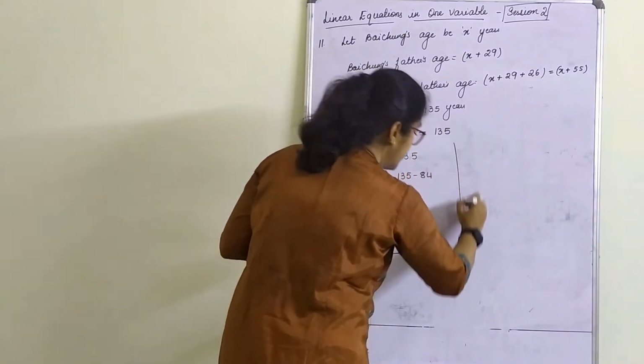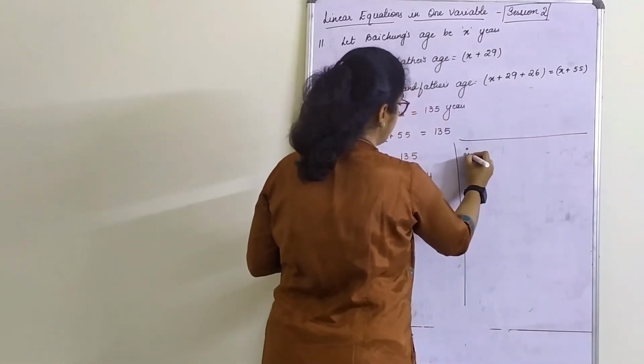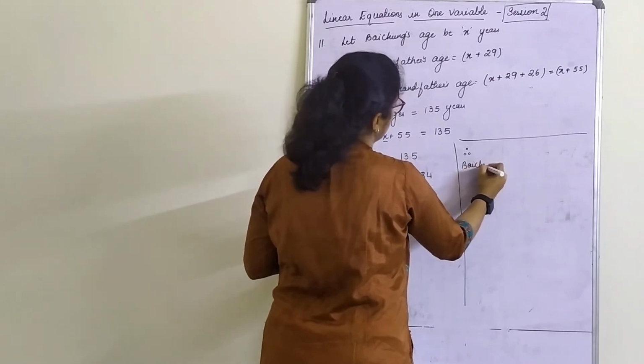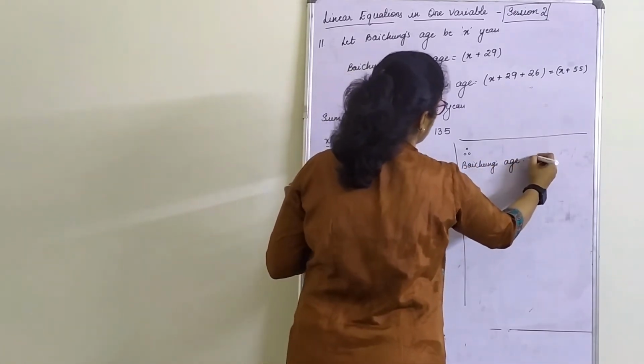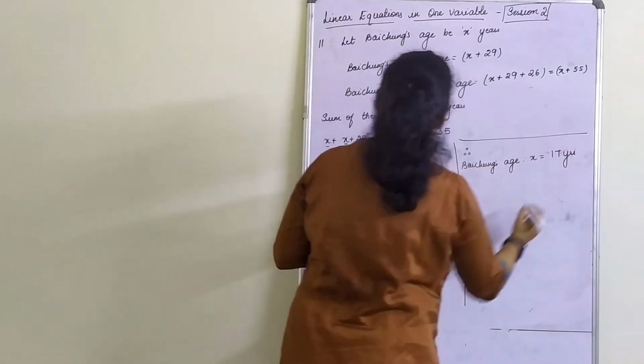Now give the conclusion. Therefore, Baichung's age is x, that is equal to 17 years.